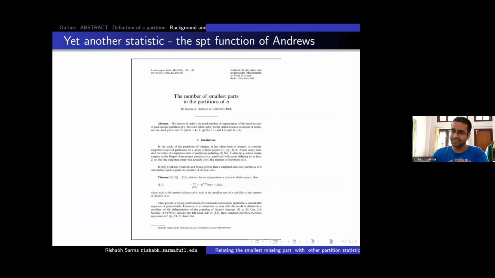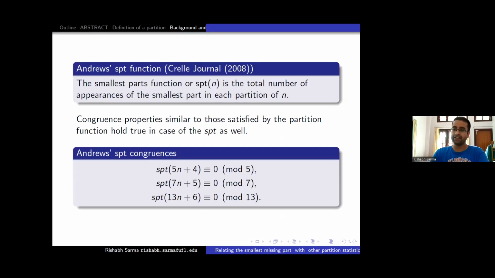This is the last statistic that I'm going to be talking about before moving on to the next. This is the SPT function of George Andrews. Once again, Andrews is in the picture, and this came up in the Ramanujan Journal back in 2008. In this revolutionary paper, Andrews defines spt(n), which is the total number of appearances of the smallest part in each integer partition of n.